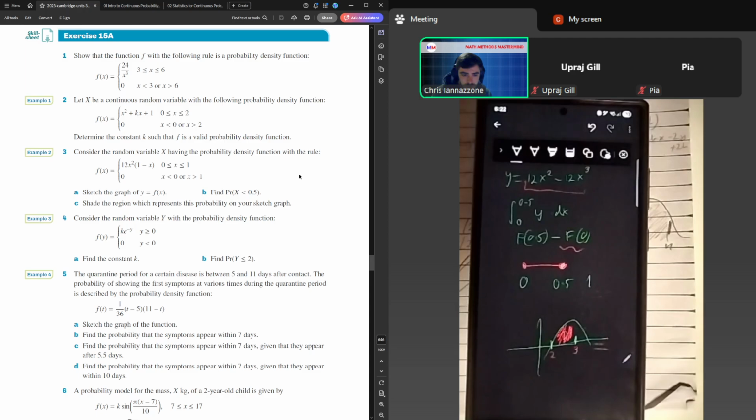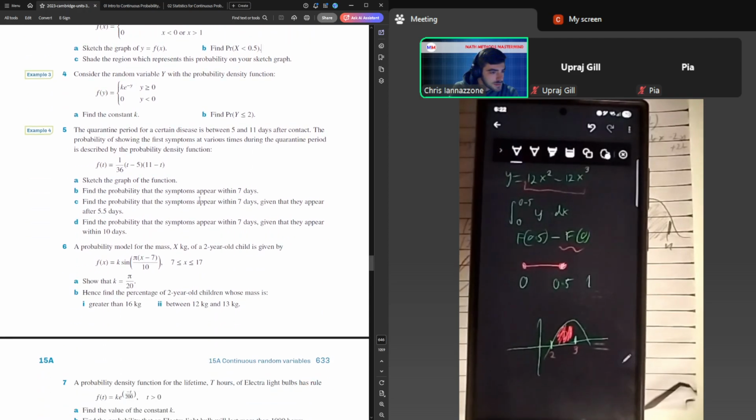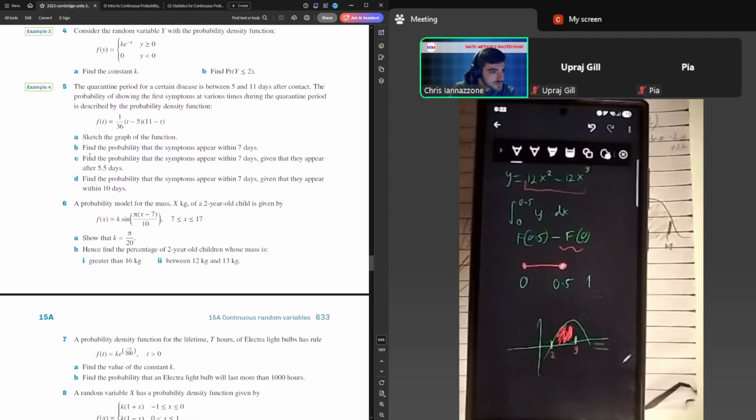Does anyone want to see that written out fully, or is conceptual fine here? If so, have a think of question 5b. Yeah, question 5b.